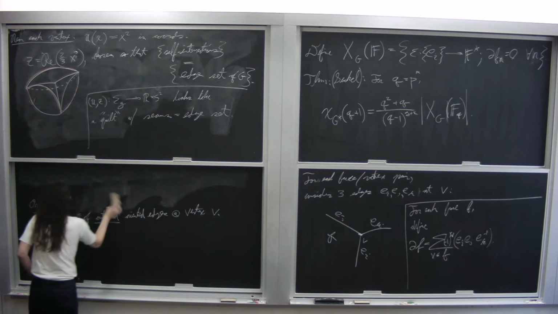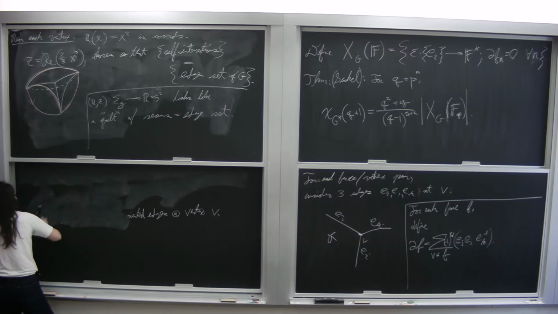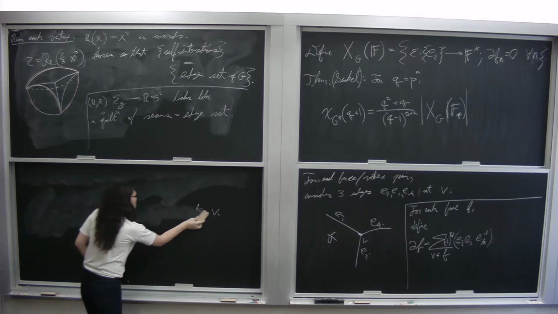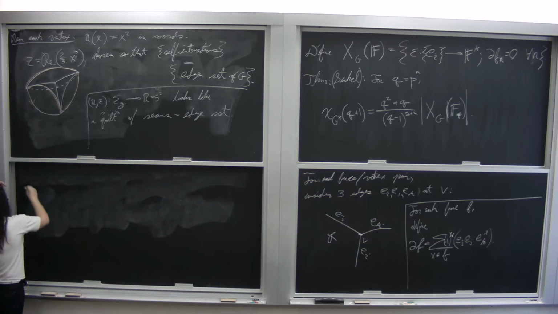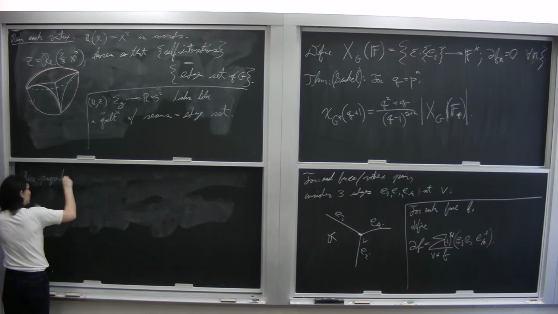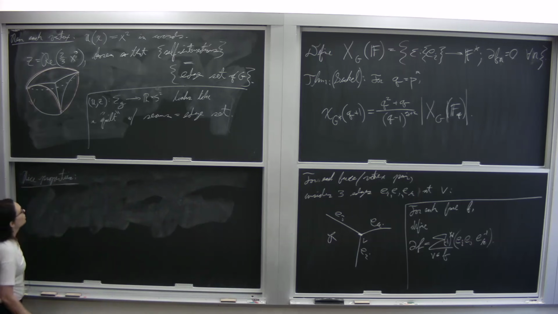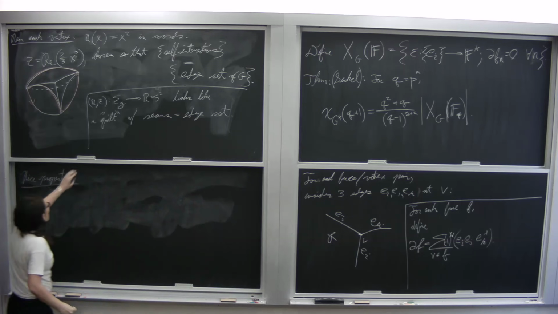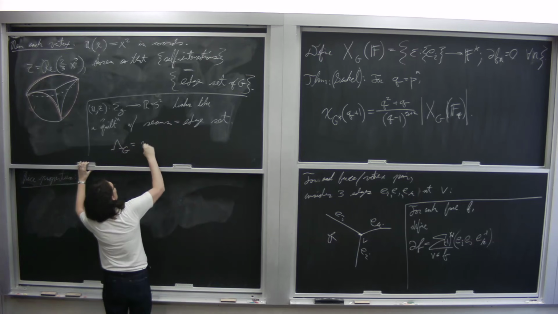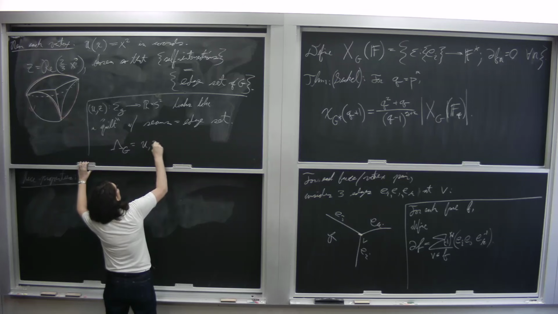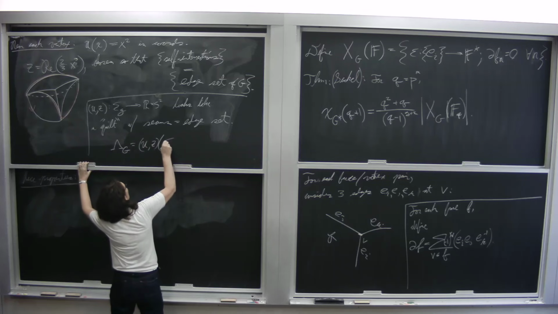But okay, so now what's nice about this construction? Nice properties. First I'm going to let lambda g be equal to the image of this.